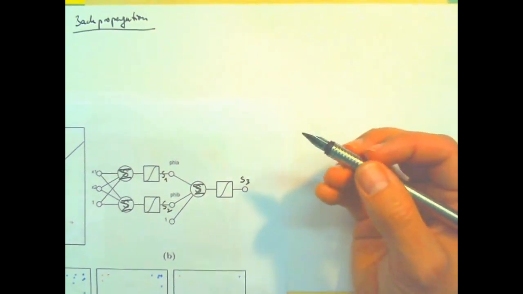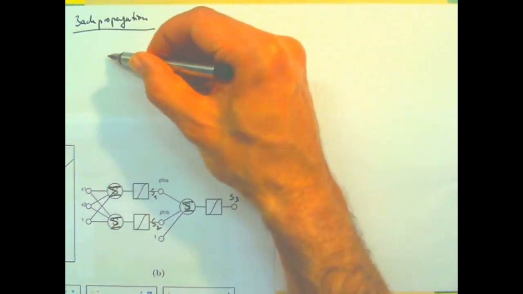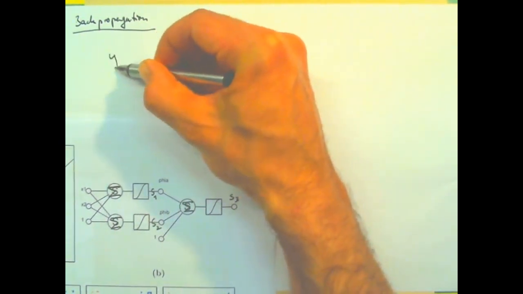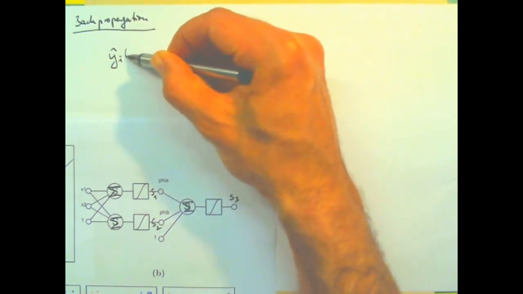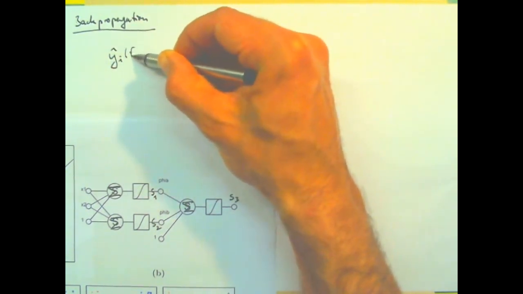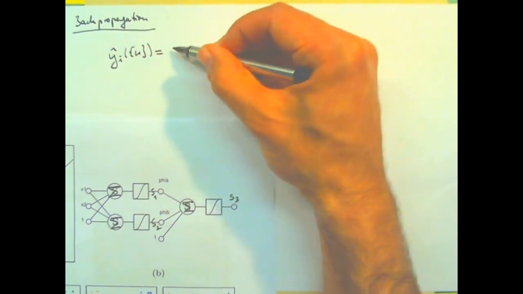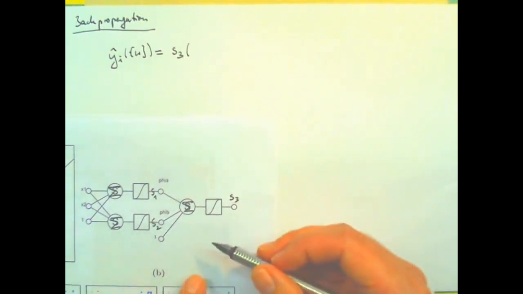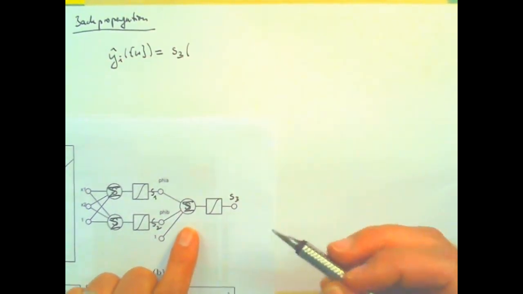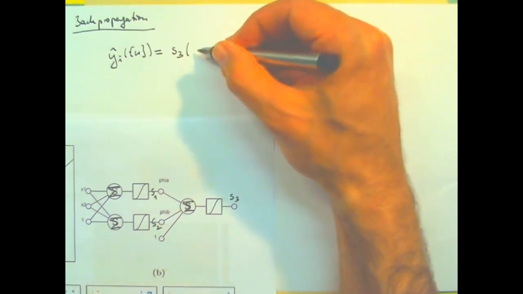So the final output that I get, my y hat of all parameters w, is a nonlinear activation function S3 of, and now the notation will become a little bit messy.